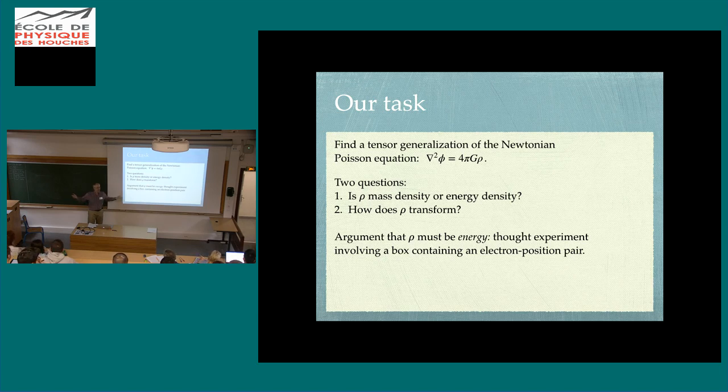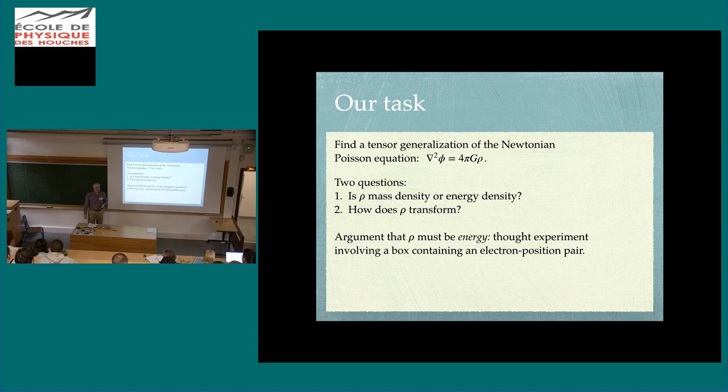It will create a gravitational field, and you'll have a distant particle be attracted to that gravitational field and start falling towards the box. All right? Now let's imagine that just as this distant particle is nearing the box, the electron and positron find themselves together and annihilate each other.